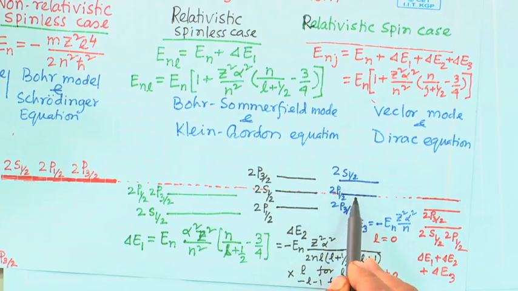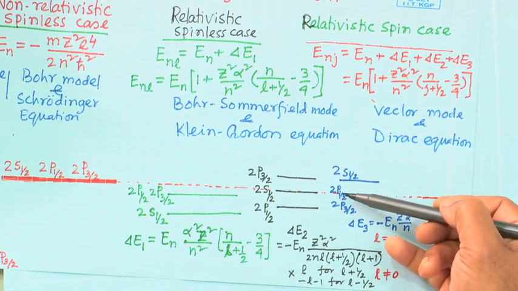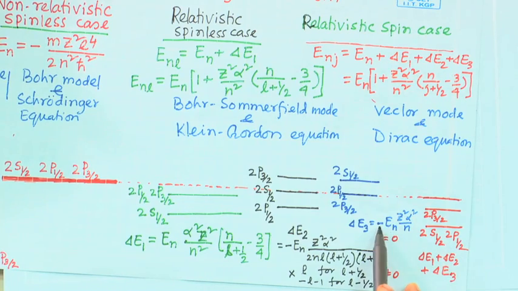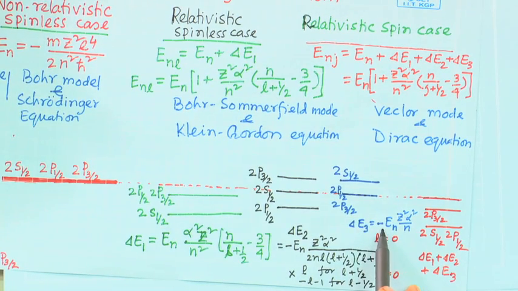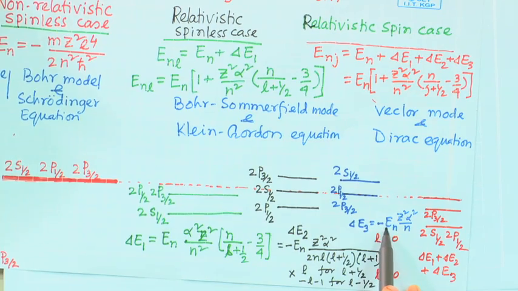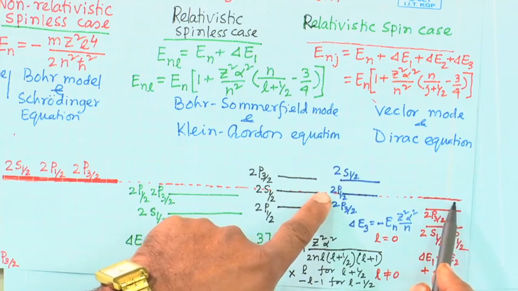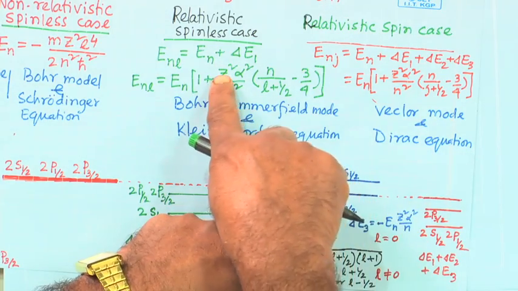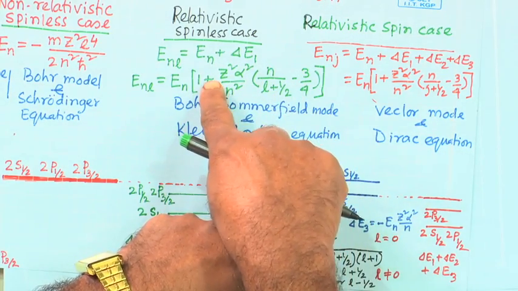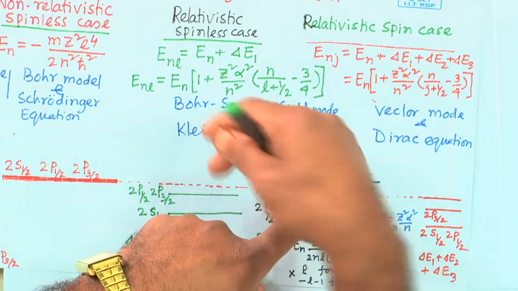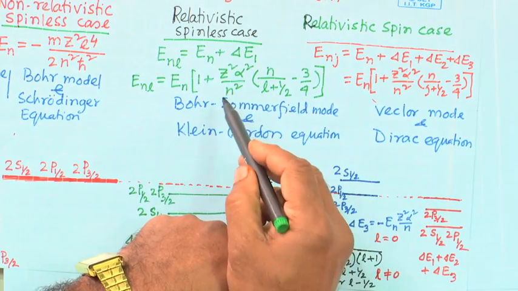But for S, this term has gone up. Why? This del E3 is negative. Now, as I told already, En is a negative term, and earlier it was a plus term. When it is plus, more negative term is included there.